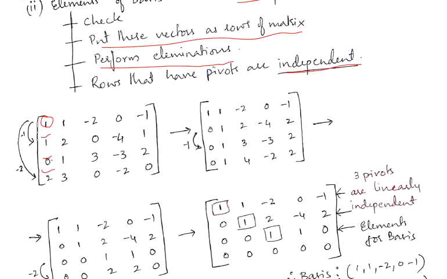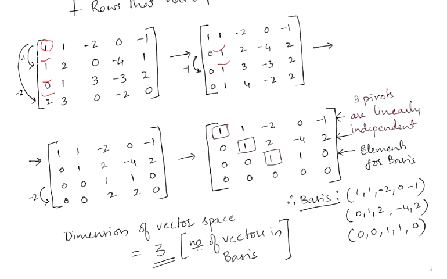So I multiply minus 2 with row 1 and add it to row 4. It will give you all the elements below the pivot as 0. You know this already; I am repeating the same point so that you can recall.